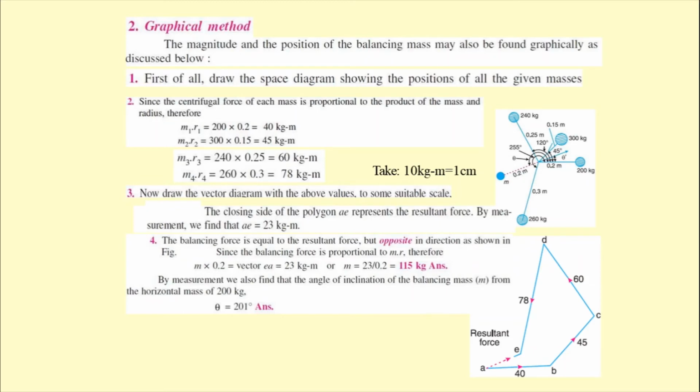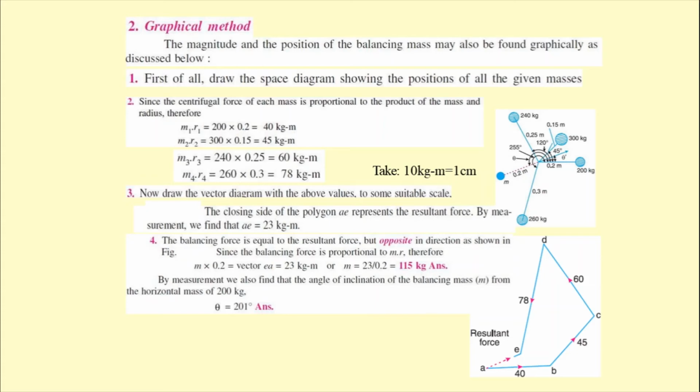So solving this, we are going to get the value of the balancing mass, that is the weightage of the balancing mass, that should be equal to 115 kg, and that should be the answer.